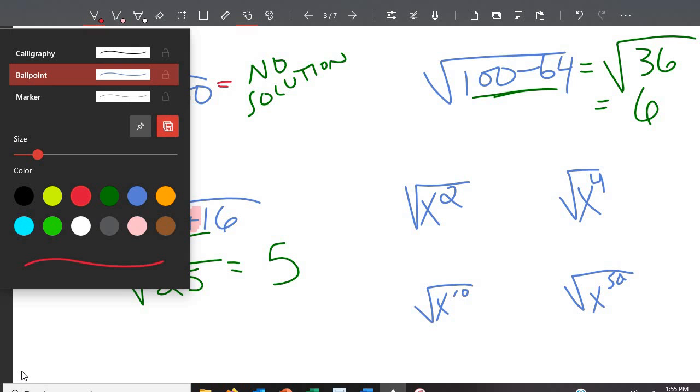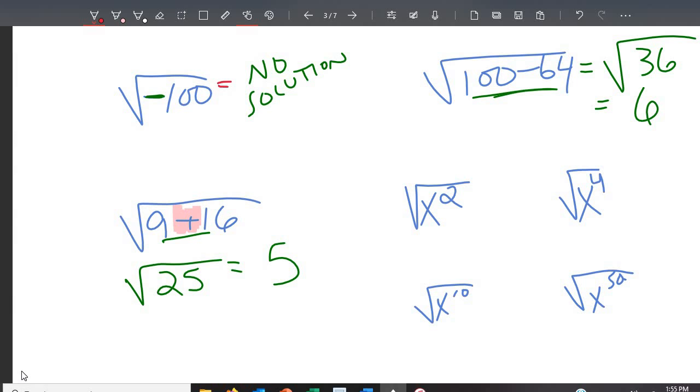Now, I want to make sure you understand this. A square root right here is understood. It's a little 2. Square root means 2. So let me just write. This is called the index. The index of a root is what the root is.